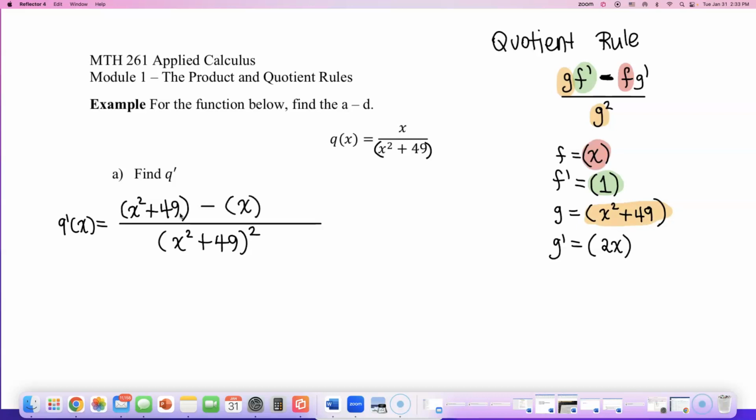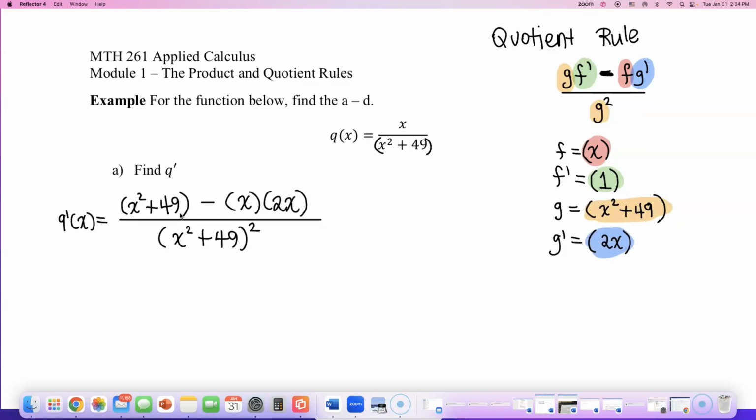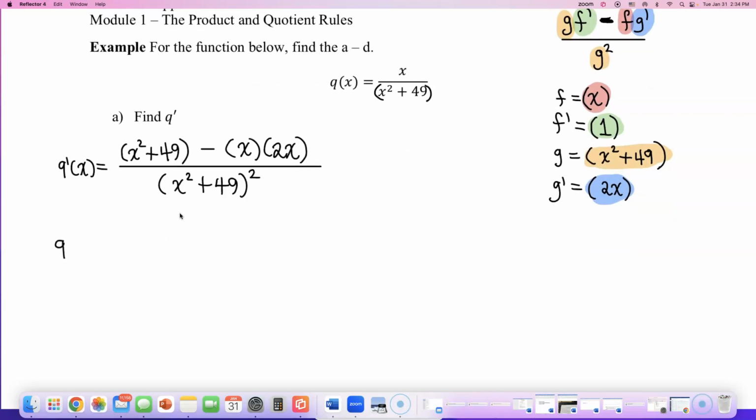And we're multiplying x by what? g prime. Find g prime. Oh, g prime right there. So I'm multiplying that by 2x. All right, let me simplify this a little bit. The numerator, okay? The denominator, I'm just going to copy it down exactly the same.